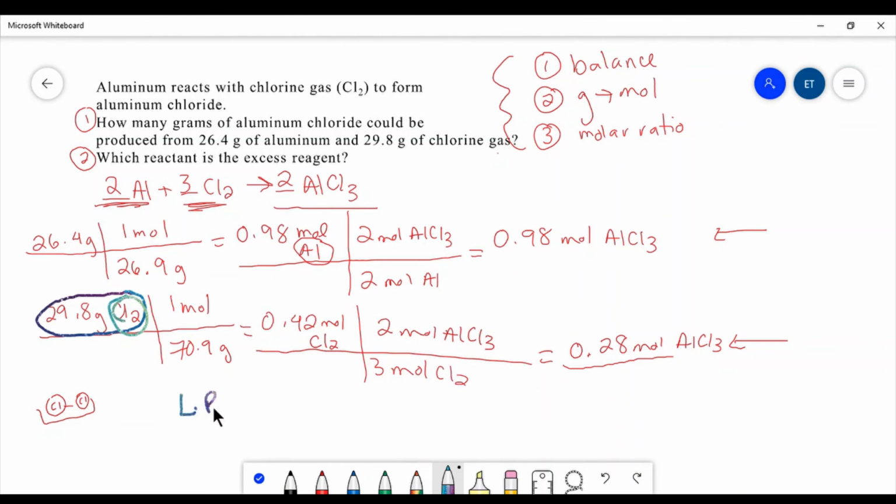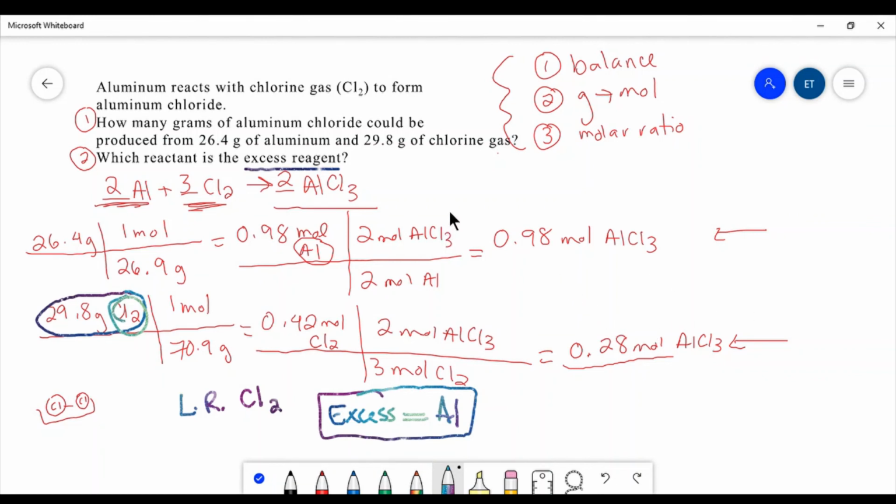So if our limiting reagent is chlorine gas, then that means that our excess reagent is going to be the other reactant that is left, which is aluminum. So our excess is aluminum. Okay, so that's actually the second question.